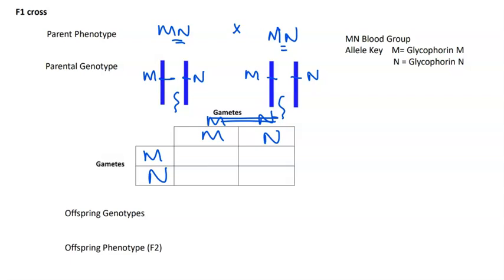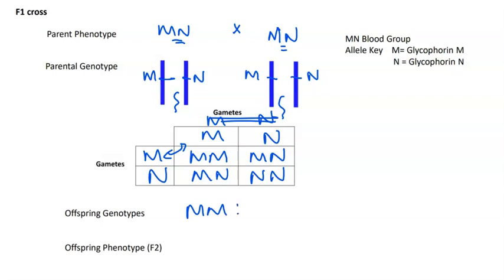So then if we have fertilization between this sperm cell and this egg cell, we would return to the homozygous dominant MM. Then we would have MN, we would have MN there, and then of course NN. And so for the genotypes of our offspring, a probability of 1 in 4 of MM.